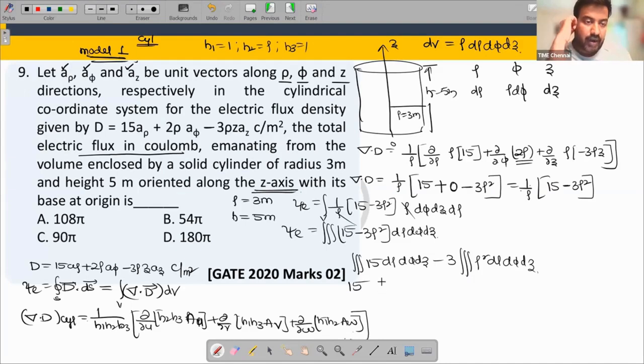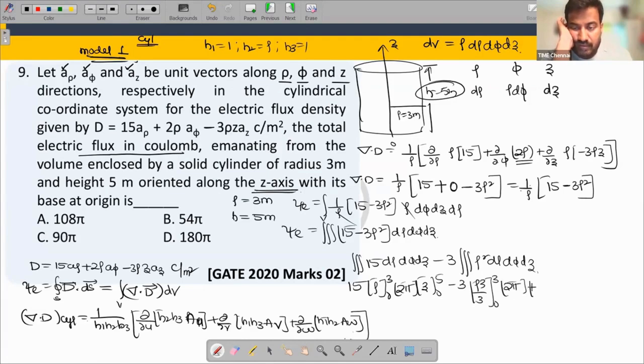This is 15 times integral of 1 d rho from 0 to 3, integral of 1 d phi from 0 to 2 pi, integral of 1 dz with z limit 0 to 5, minus 3 times rho cube by 3 from 0 to 3, 2 pi, z from 0 to 5.